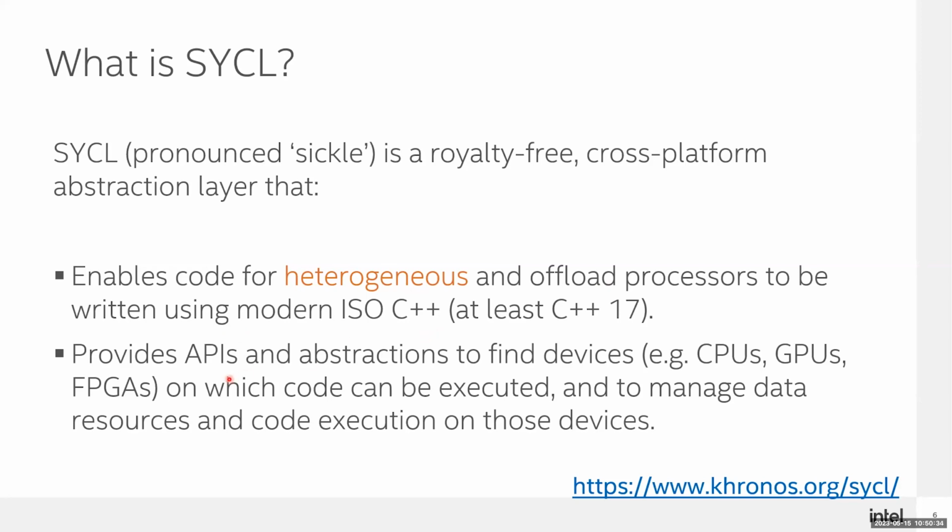It mainly provides abstractions to find devices, because currently C++ does not have that capability. So that's why we use SYCL, which gives you APIs that allow you to find the different hardware on the system, and then you can execute code on that hardware, whether it's CPU, GPU, or FPGAs, and you can manage data and also do code execution on those devices, right? So that's what SYCL enables you to do.